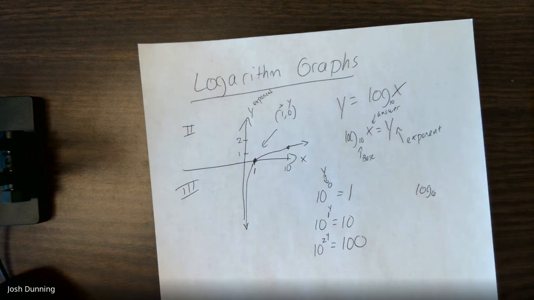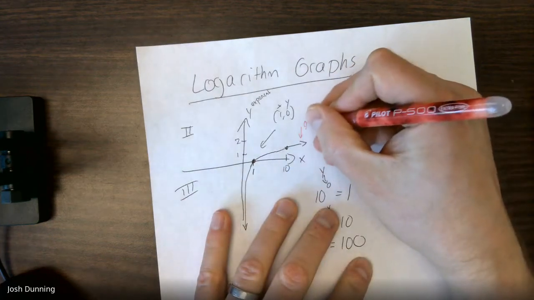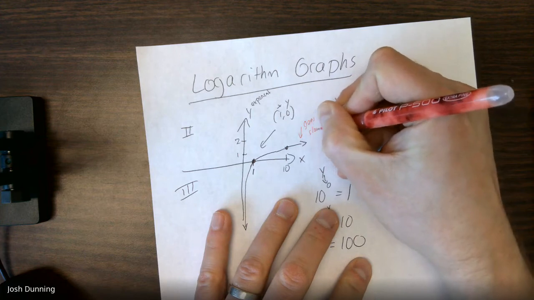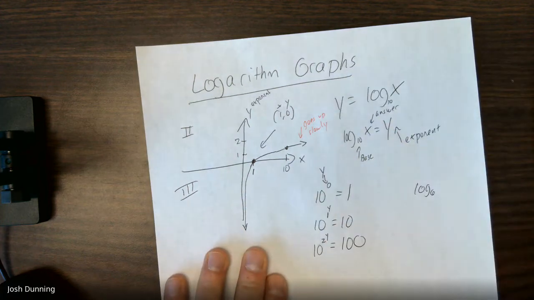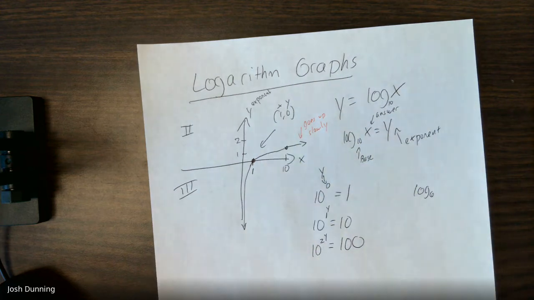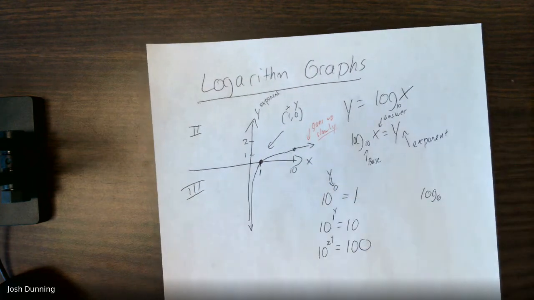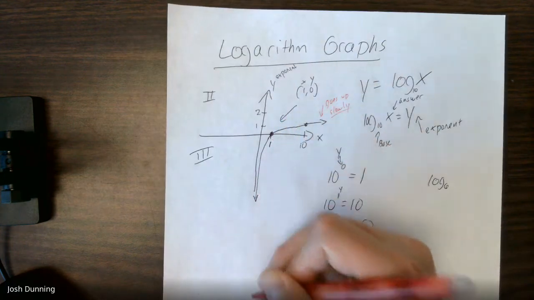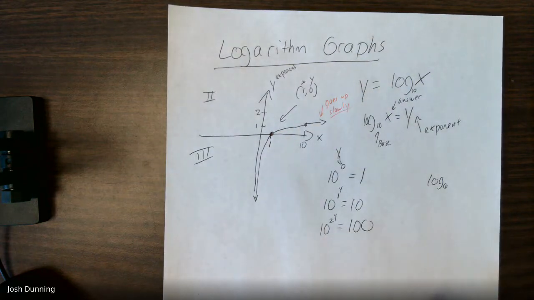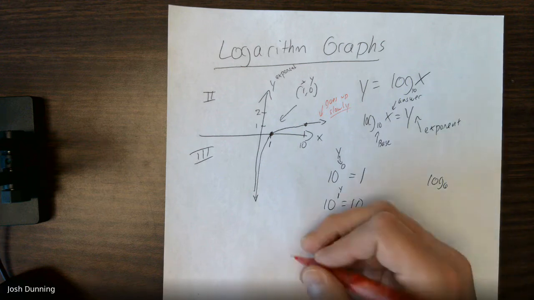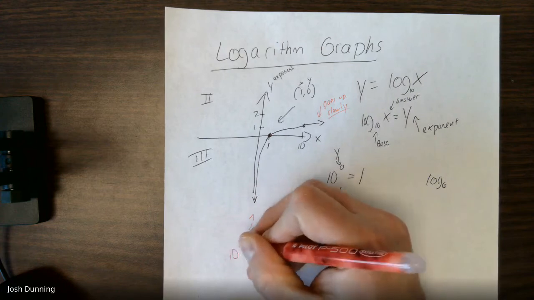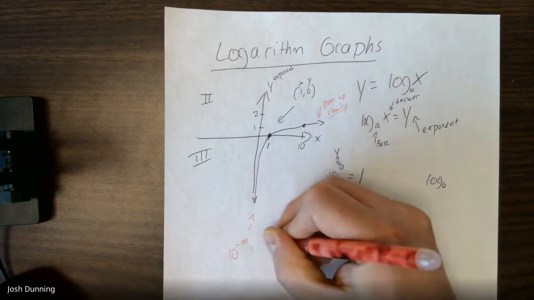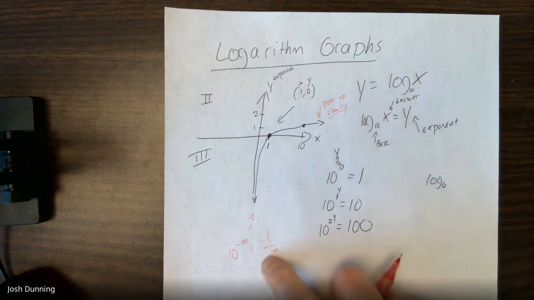Even though it would take all the way to 100 to hit 2, it still is going up, but it's going up very slowly. And over here, no matter how far down we get, let's say we had 10 to the negative 100th, all that is 1 over 10 to the 100th. 10 to the 100th would be a 1 with 100 zeros after it.